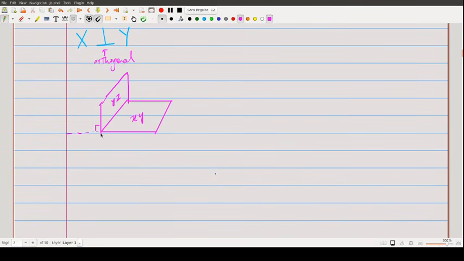The reason is, notice that they have a common vector that they share. This line is common between both of them, and if I take any vector on this line, let's take this orange vector, let's call this v, then v belongs to the YZ plane, and v also belongs to XY.